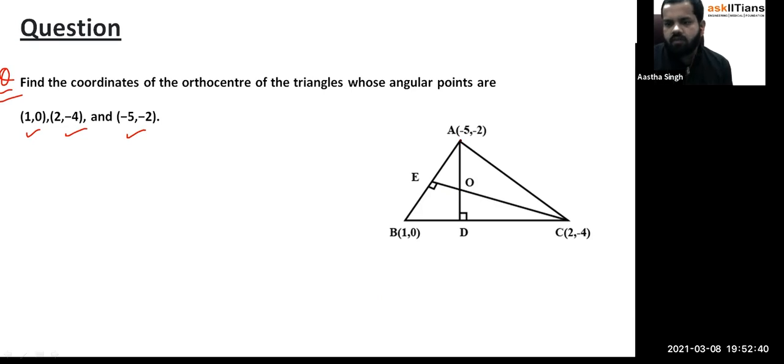Let me tell you, you can find the slope of AB. How is slope calculated? Slope is calculated by y2 minus y1 divided by x2 minus x1.